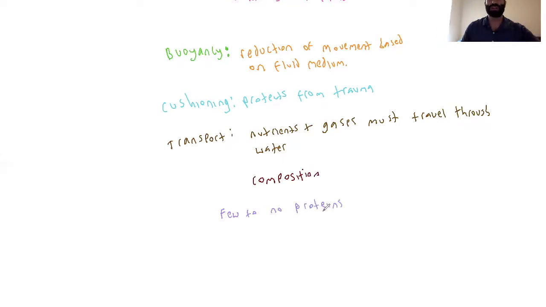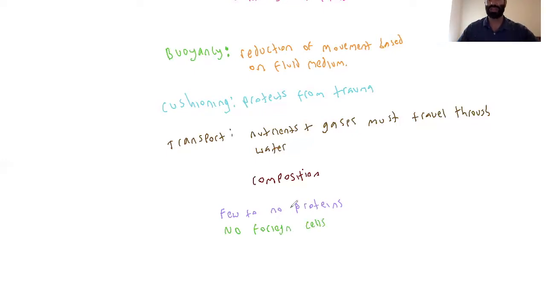Large things are not supposed to get into the CSF. Also, there should be no cells outside of microglia and neurons. So I'll just put down no foreign cells. Foreign means outside of its natural environment.